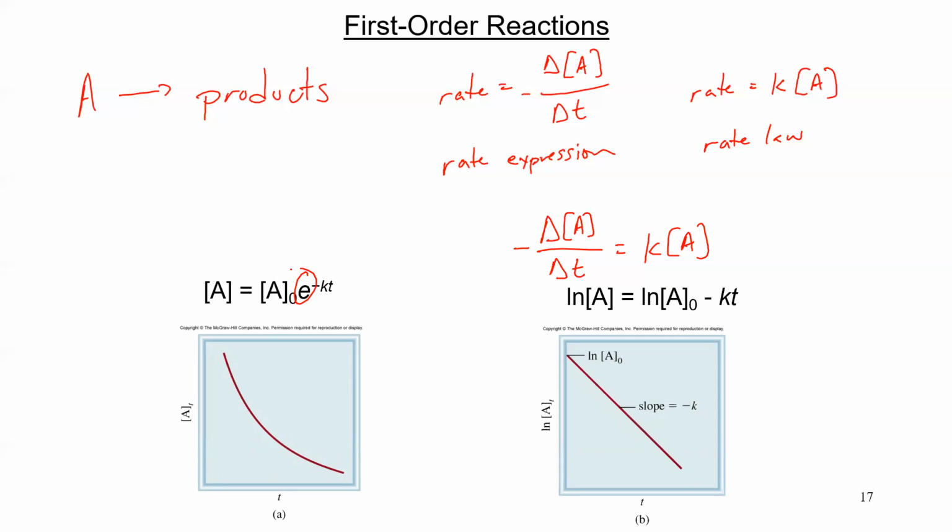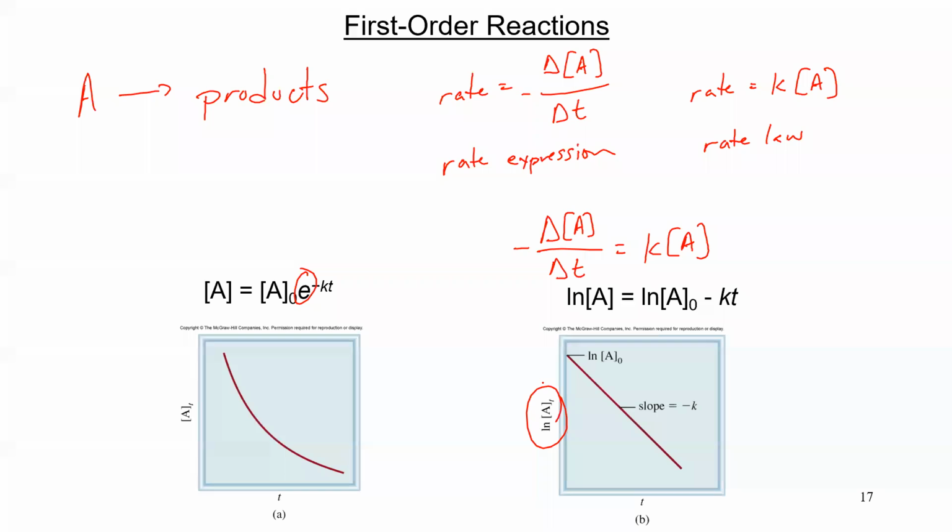Now, this is okay, and this is a nice curve, but as scientists, we really love the linear trends because those equations are easier to deal with. And so it turns out if you take the natural log of the concentration, well, the natural log of everything, but the natural log of concentration gets rid of this e here. And so now you'll notice that our y-axis has changed from concentration of A to natural log of the concentration of A.